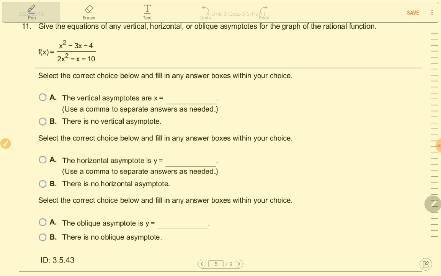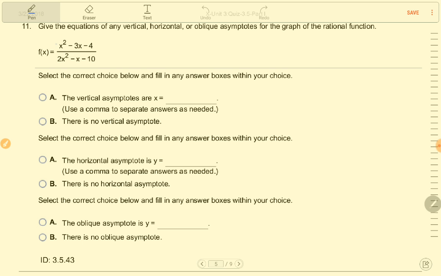So I actually have two polynomials, the numerator and the denominator, that have the same degree, which means that there will be a horizontal asymptote and that it'll be y equals a constant, and the constant will be the ratio of the lead coefficients.